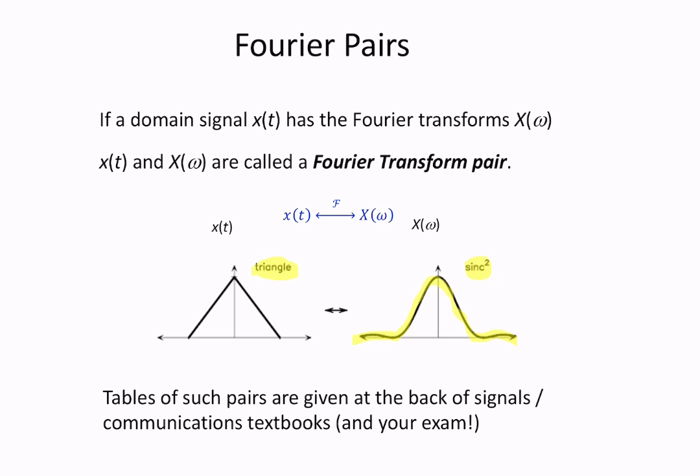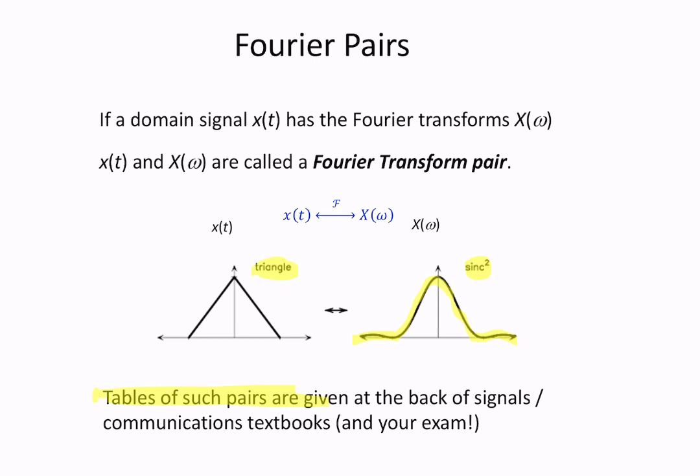Now, you don't need to know all the details of these. I expect you to know some Fourier pairs, and I'll make it clear which ones I expect you to know soon. In any case, your tests will be open book, but even when exams weren't open book, you're always given a table of the pairs that you might need.